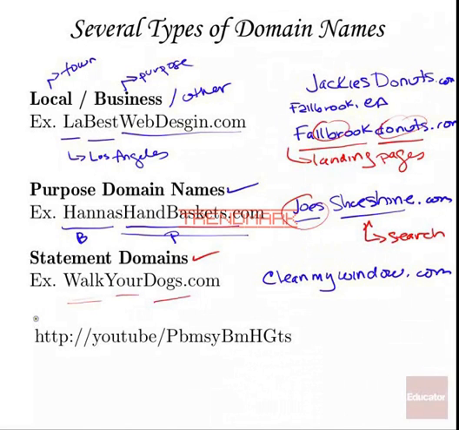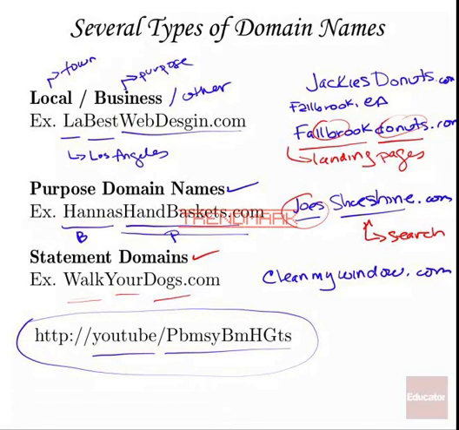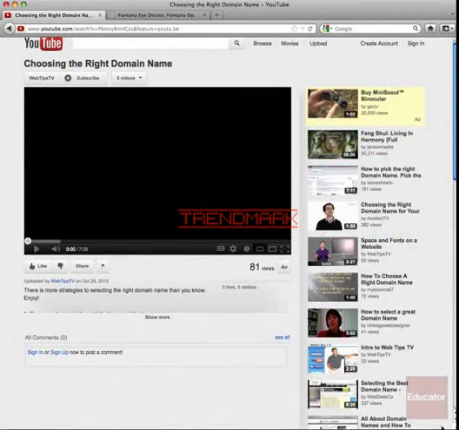Now, I personally created a video that I would love for you to take a look at. It's on YouTube, with a funky little short URL there, but it's also available in your download. What we'll do now is actually take a look at that. Here we are on YouTube, and the title is Choosing the Right Domain Name.